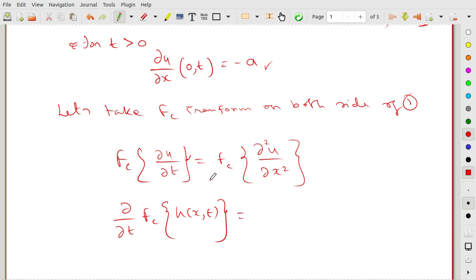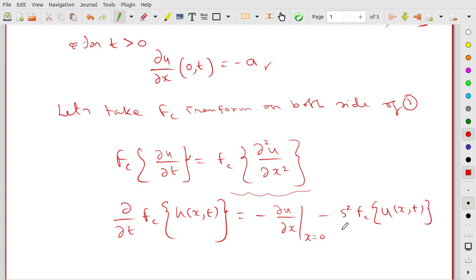Okay, and the formula reads as minus dou u by dou x at x equals to 0, minus s square Fourier cosine transform of u of x comma t.